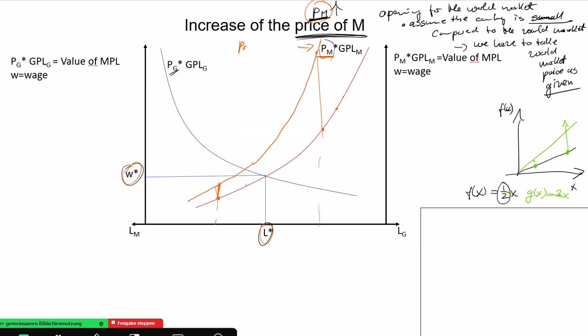So this is PM prime times GPLM, and PM prime is larger than PM, and we obtain a new labor market equilibrium now due to the world market situation.